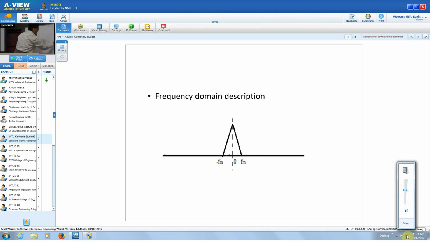We reduce to a certain extent; the generation of the carrier should be very stable.